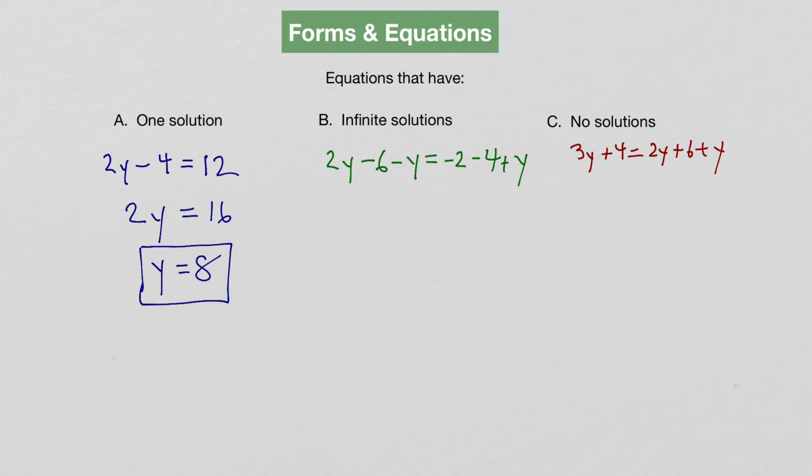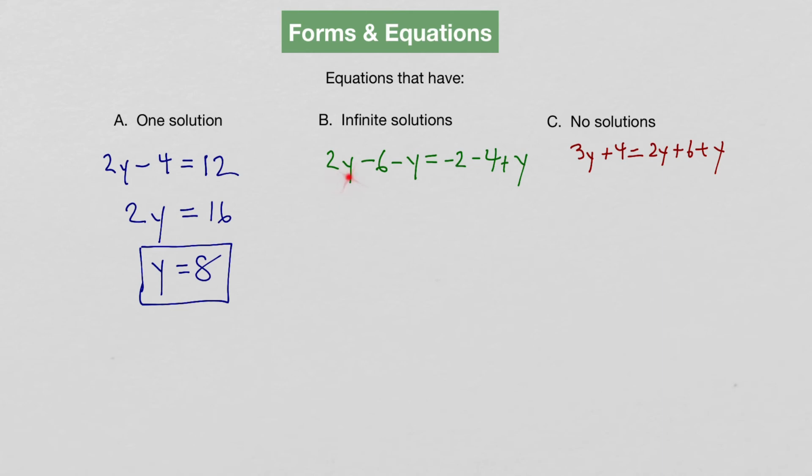Now if we move over to the next one, under infinite solutions, what you'll see is when we solve for y, here's what happens. We're going to combine the y's on the left side of the equation.